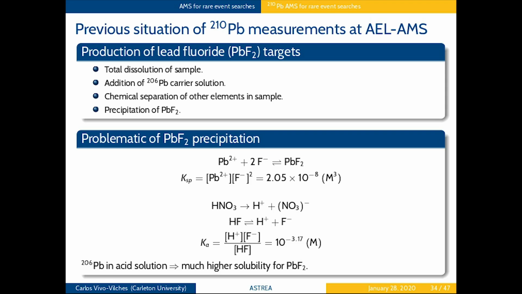So the main challenge we had when we were studying this is the precipitation of lead fluoride. When you are coming from an acid solution of lead, the acid solution means that you have a lot of free protons in the solution.